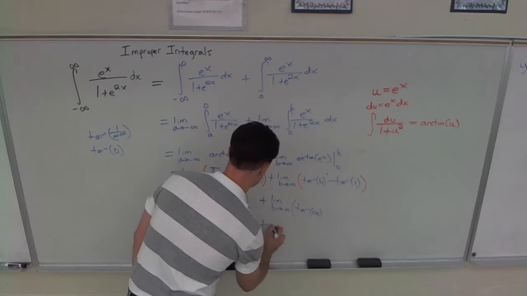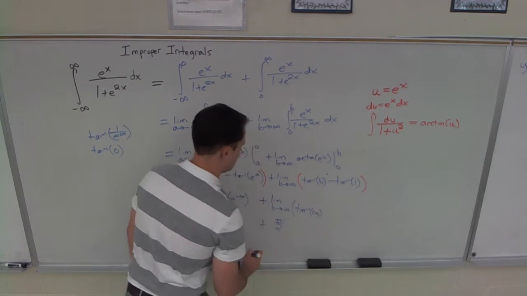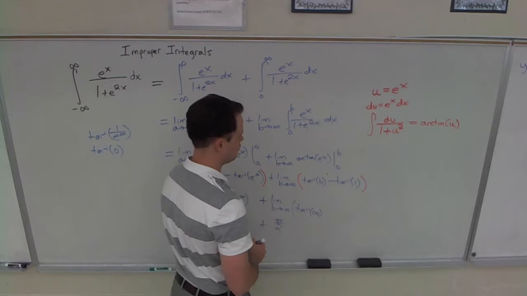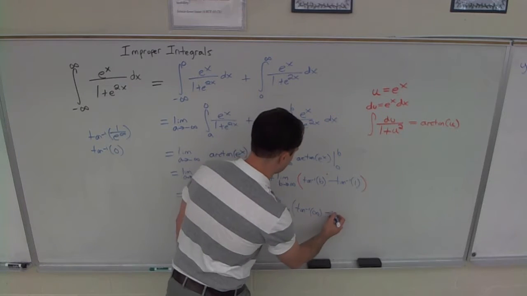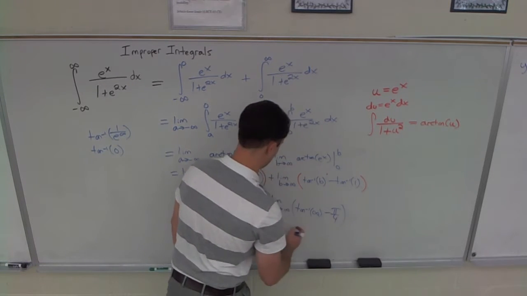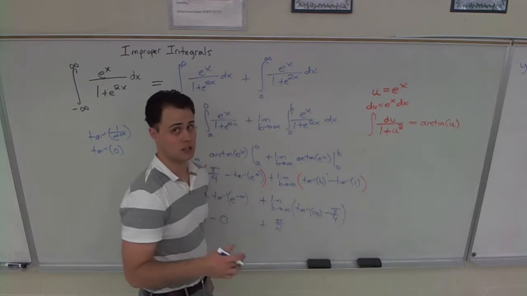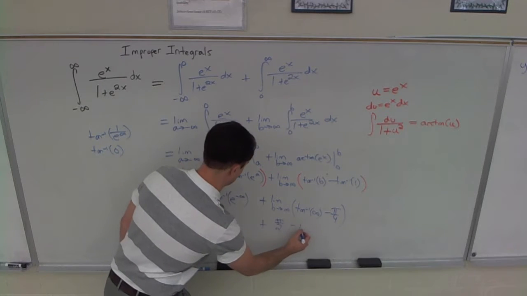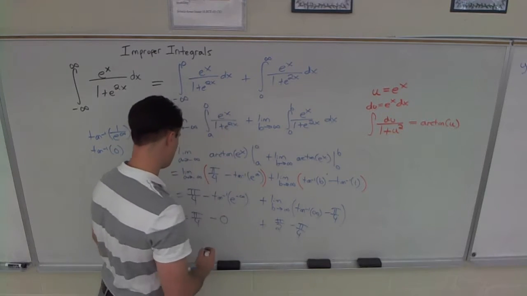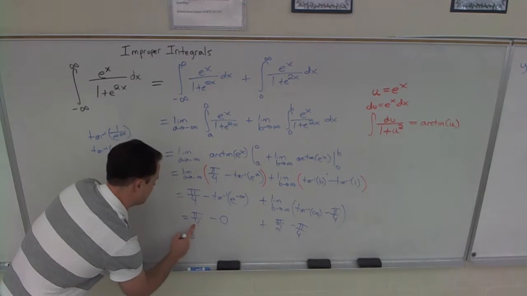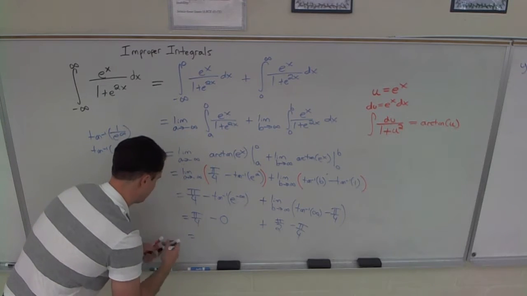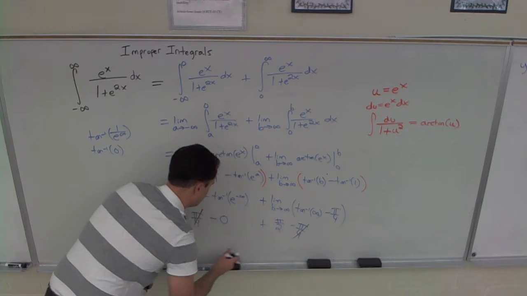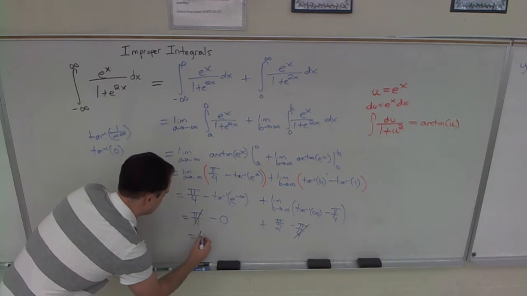So that's going to be plus pi over 2. And then this guy, inverse tangent of 1, is again pi over 4. When you take the limit as b approaches something, it doesn't have a b on it, so it's just minus pi over 4. So what do we get here? We got pi over 4 minus pi over 4. Those go away. 0 is 0.